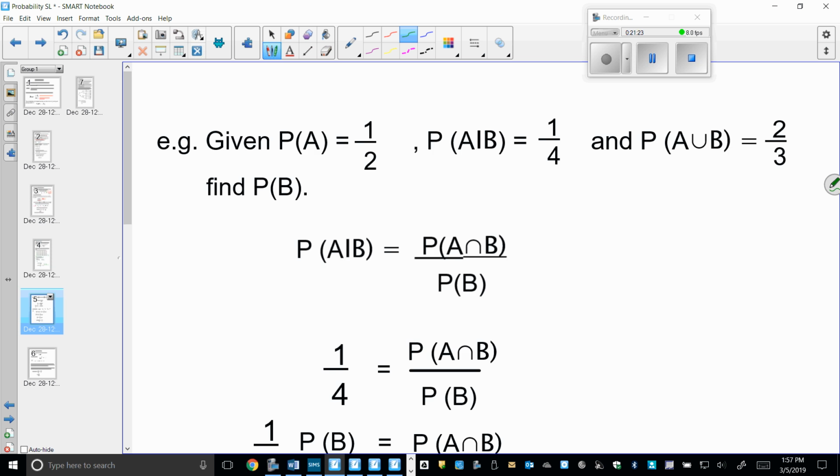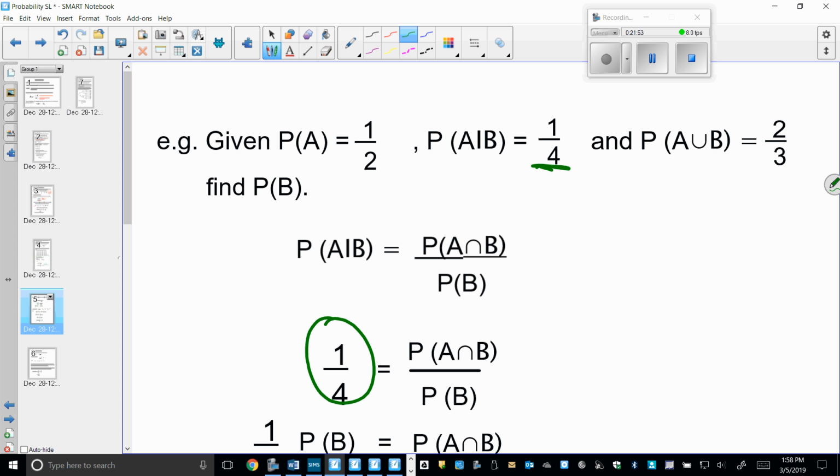Okay, here's another example. So they've told you the probability of A, the conditional probability of A given that B happens, and the union. Find PB. So we know A given that B happens is what I've used to replace my 1/4.